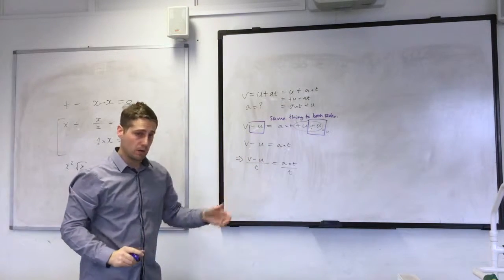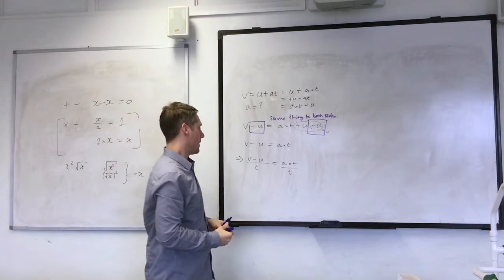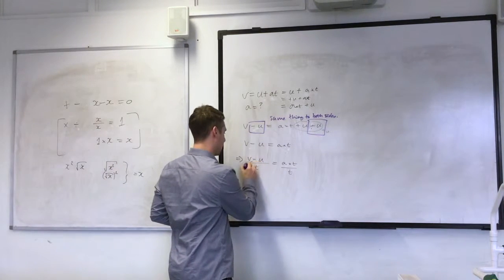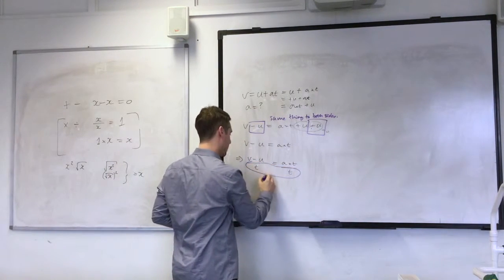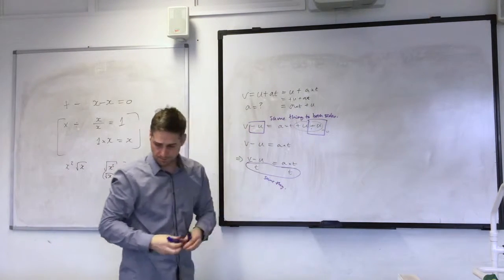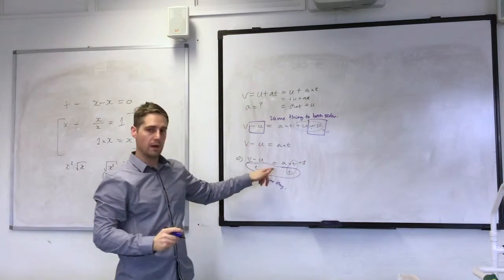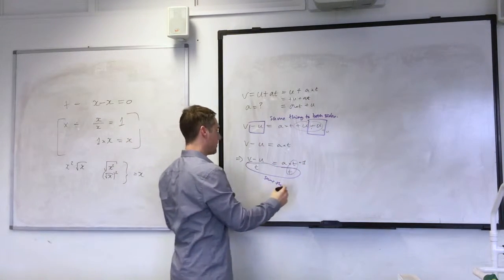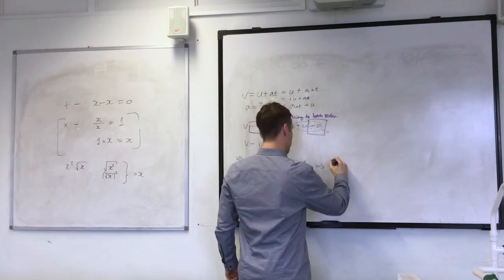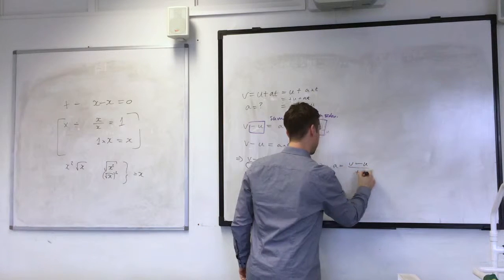Just as before with f equals ma, these two cancel out here. This is the same thing to both sides, okay? And that equals 1. 1 times a is a. So that's my rearranged equation: a equals v minus u over t.